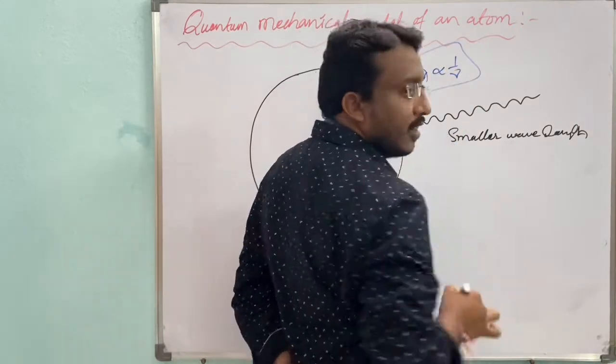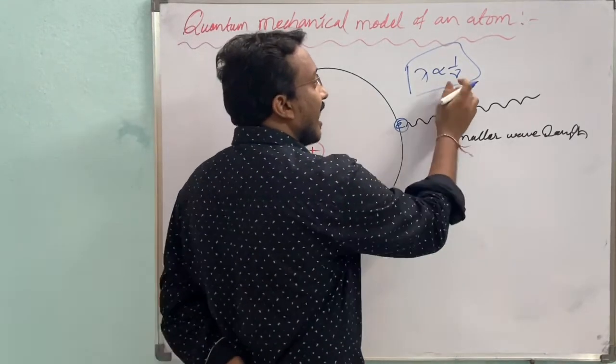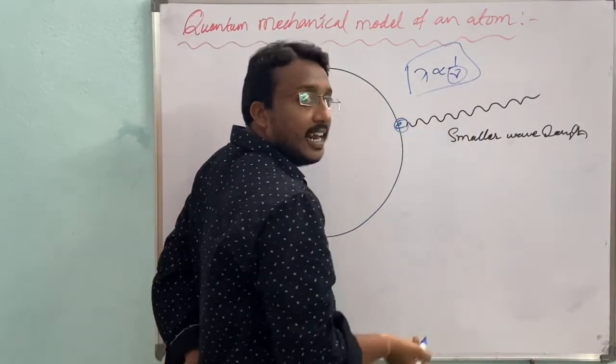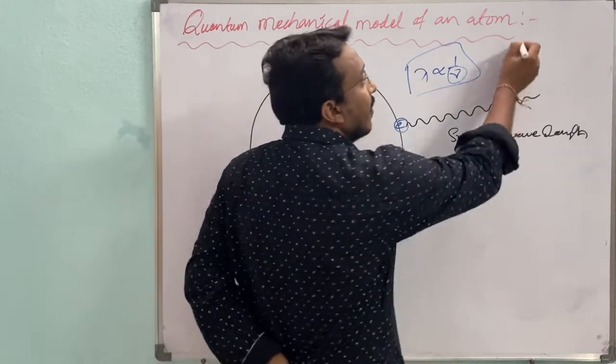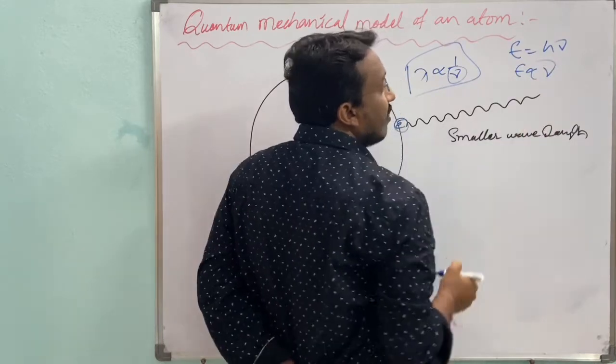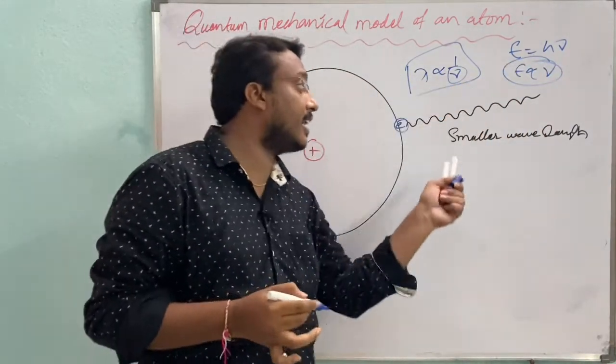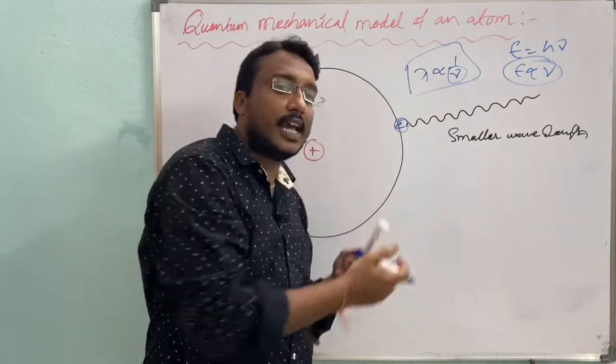The wavelength is inversely proportional to the frequency. Then higher frequency means higher energy. From E equal to h nu we got it, no? E is directly proportional to frequency. That means we have to focus higher frequency, more energetic light on the electron.